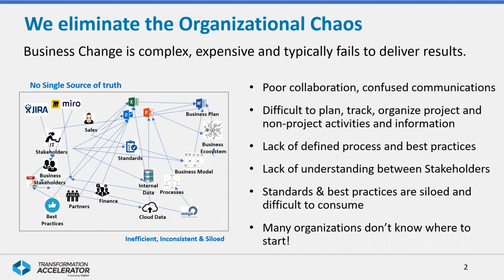And this leads to difficulties in terms of planning and organization. It also leads to poor collaboration and confused communications, and really a lack of understanding between different parties involved in the project. One of the fundamental issues in this type of environment is that there's no single source of the truth, and this causes many issues.